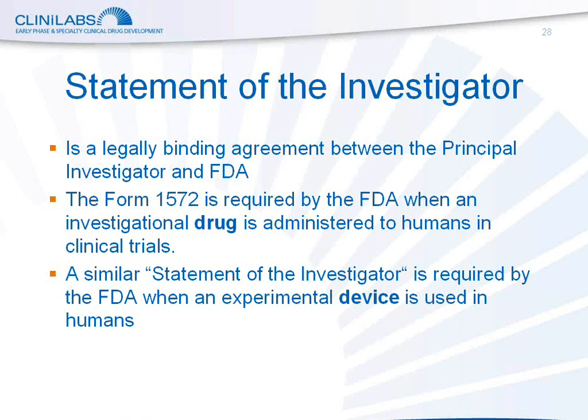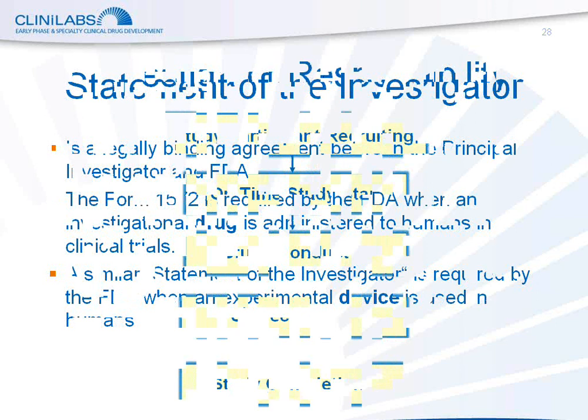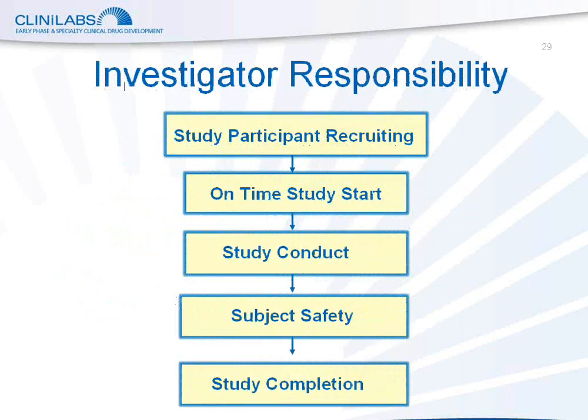The 1572 is required when a drug is used to administer to humans in a clinical trial. And as I said, a similar one is also required when an experimental device is used. So this just shows the outline of the investigator's responsibilities from study participant recruiting through the conduct of the study to the study completion.